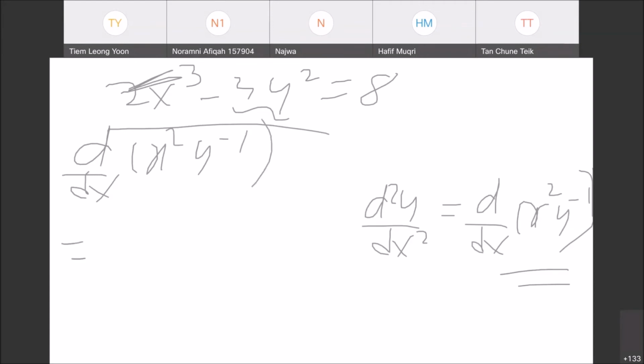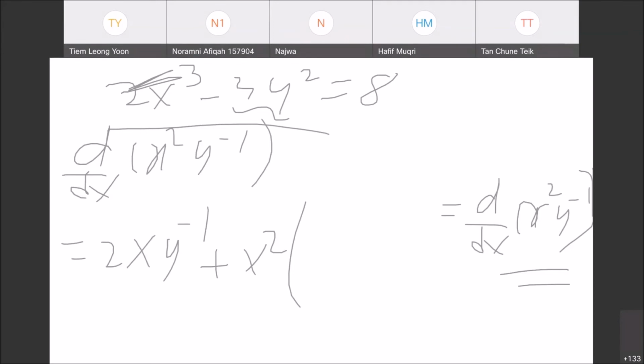This gives me 2x times y to the minus 1 plus x squared times d/dx of y to the minus 1. Okay, so that is the expression.